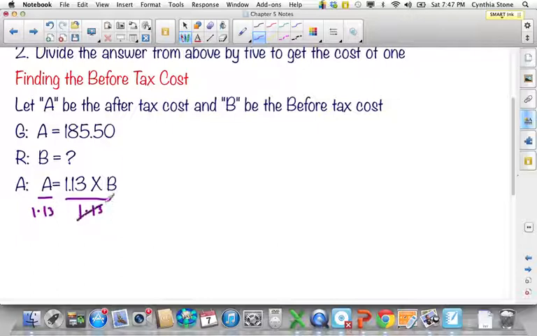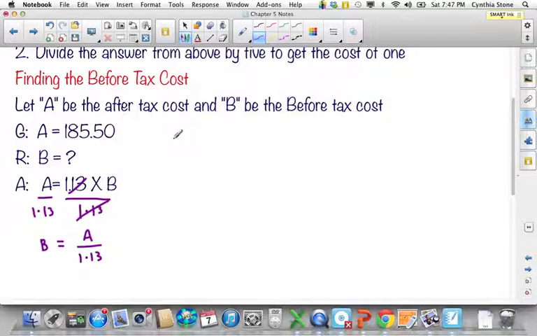Now this cancels, you get B by itself. I'm going to put B on the left. B equals A, my after-tax cost, divided by 1.13. Then we can solve for that, right?